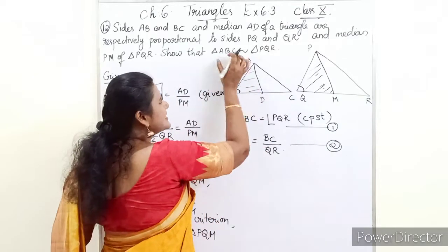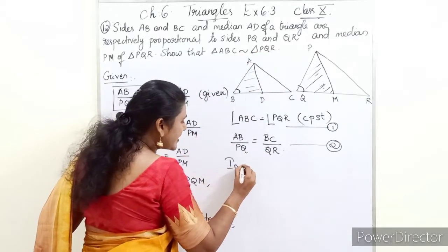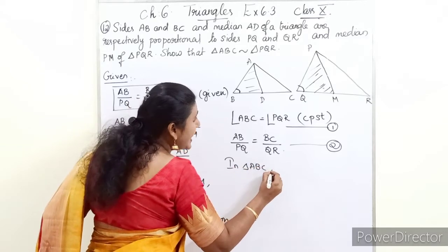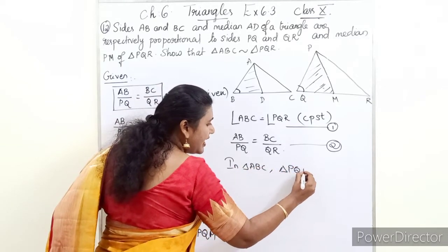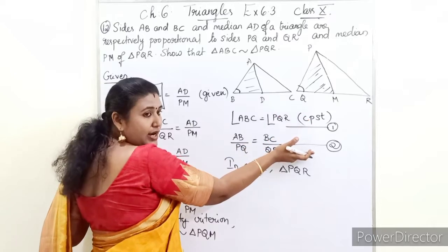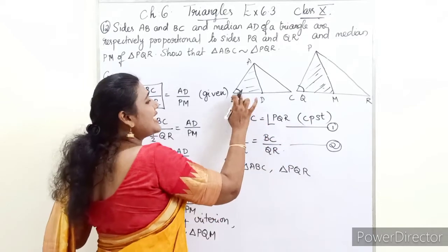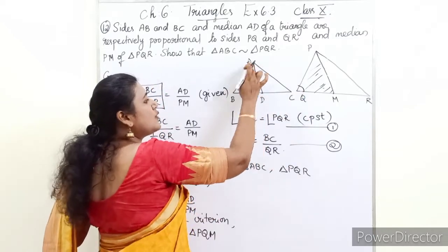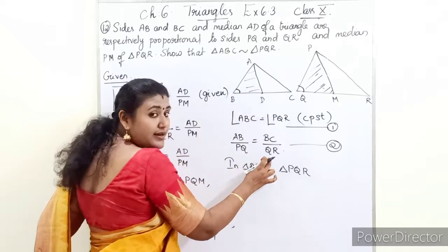Now we will consider the full triangles, that is triangle ABC and triangle PQR. What we got from equation 1 and 2, if you see, one angle and the included sides ratios are equal.